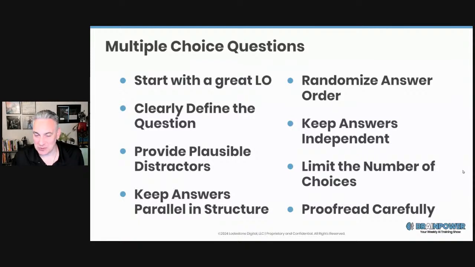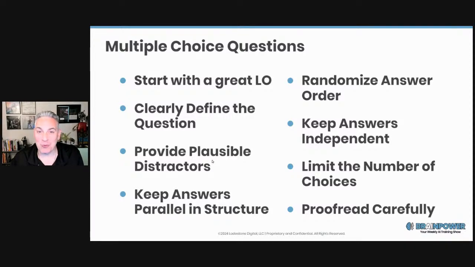So what else are we looking for in a multiple choice question? You've got to clearly define the question, and the origin point of that is a well-constructed learning objective. Within the question itself, you want to provide plausible distractors.